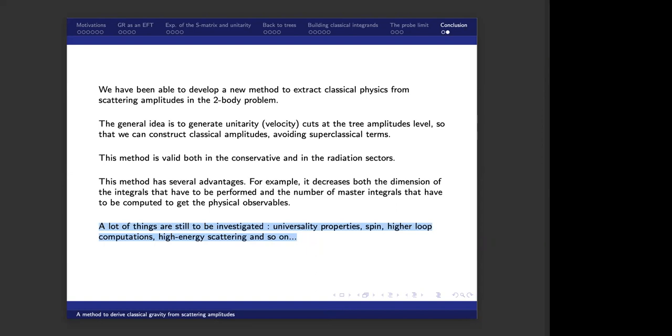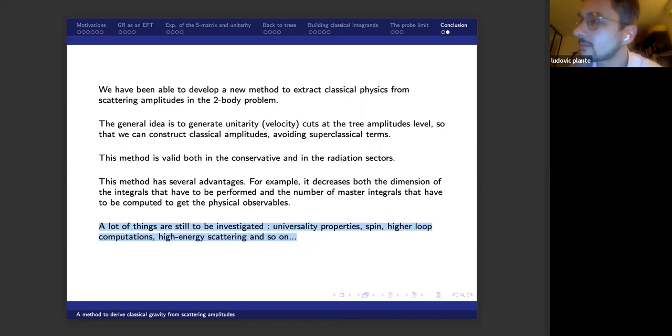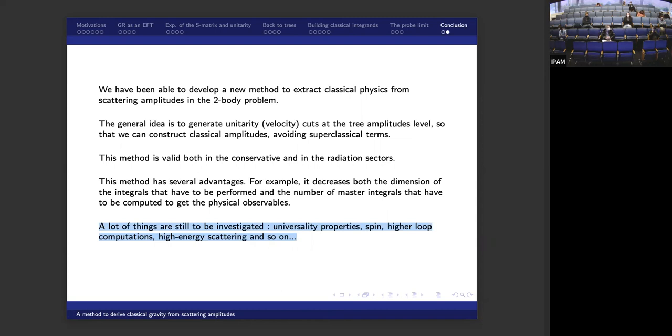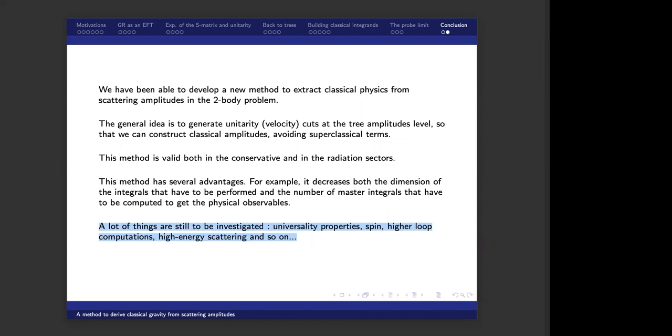Sorry, how can you guarantee that the integrand constructed in this way is gauge invariant, if you calculate the gravity scattering process?